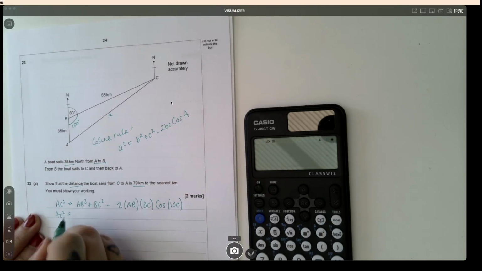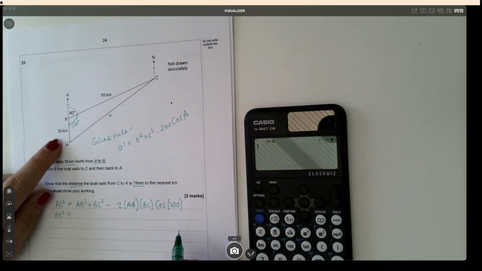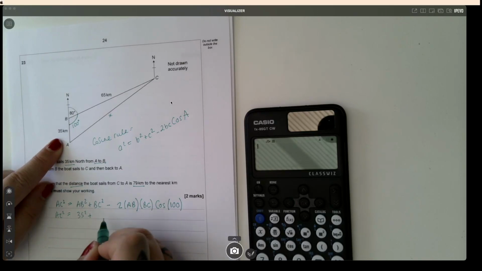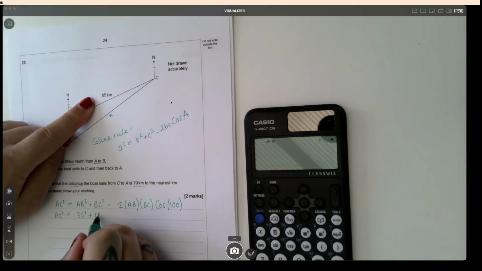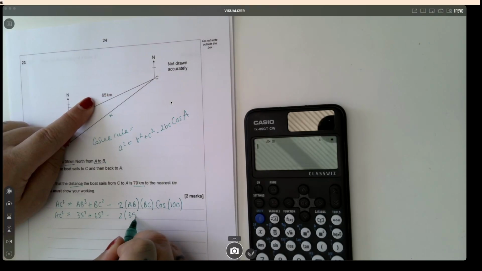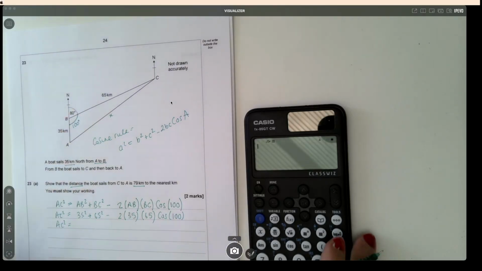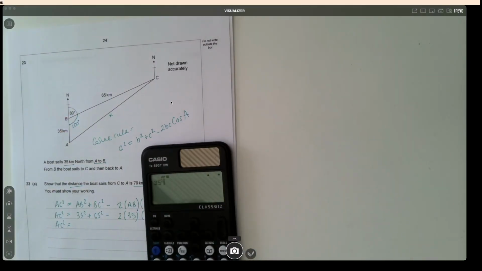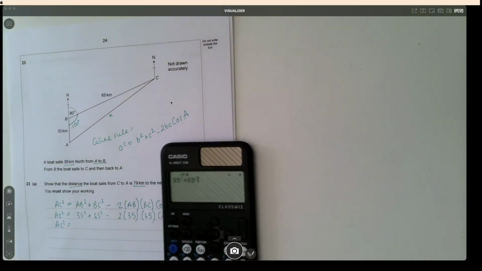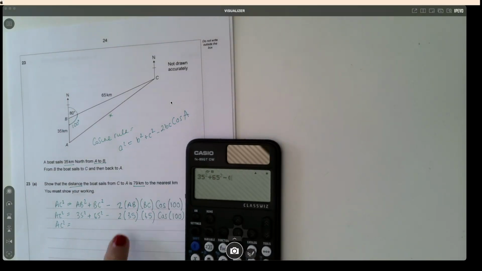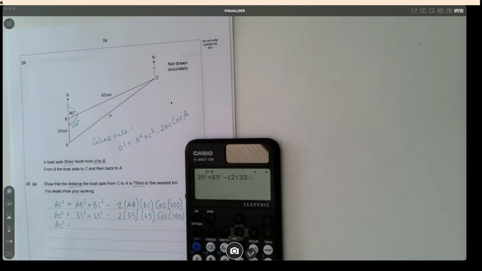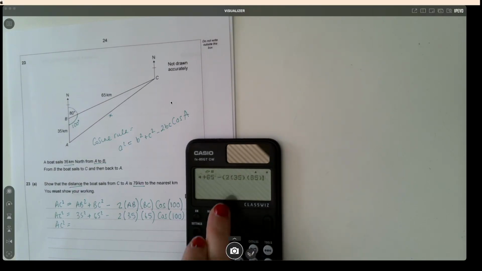So AC squared equals, let's substitute in what we know. So AB is 35, BC is 65, so 2 times 35 times 65 times cos 100. So AC squared equals 35 squared plus 65 squared minus, now I'm going to put this in brackets because I want all of this to be together, 2. So I'm writing it just as I've written it here, look.